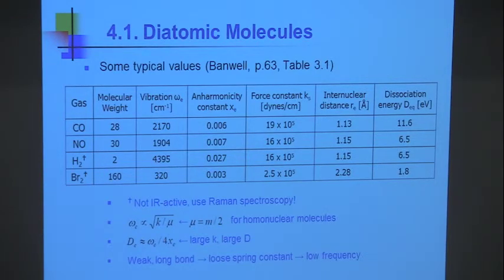The quantum states exist, but you can't see them unless you use something like Raman spectroscopy. Okay, this is interesting. So the dissociation energy is usually related to this anharmonicity. You can see some pattern here. So if you have weak long bonds, small values of k, like here, you have low frequencies and you have low dissociation energies.